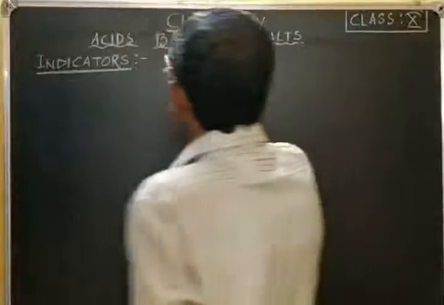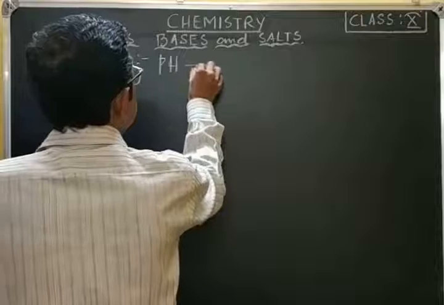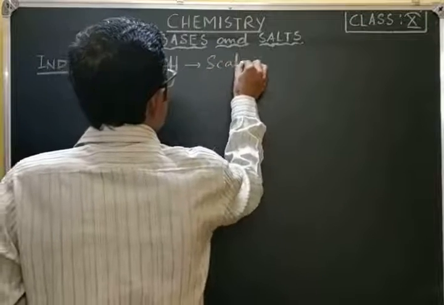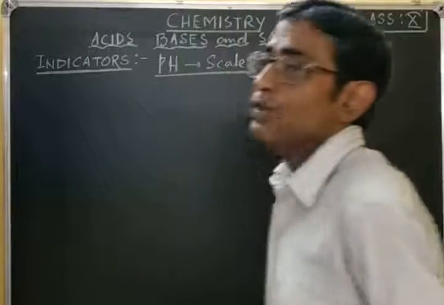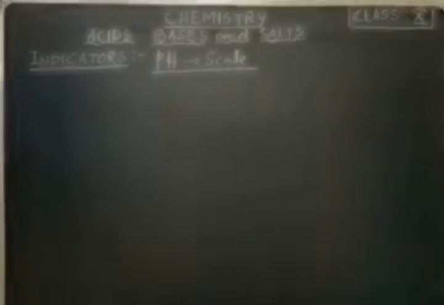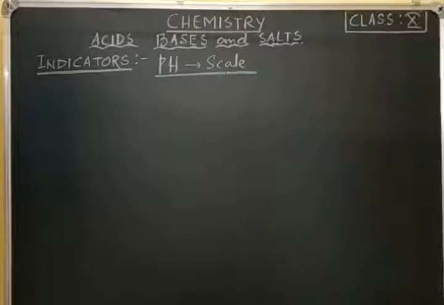But the main thing we learn in indicators is a scale called the pH scale. What is the pH scale? The strength of acids or bases can be measured with the help of a scale.